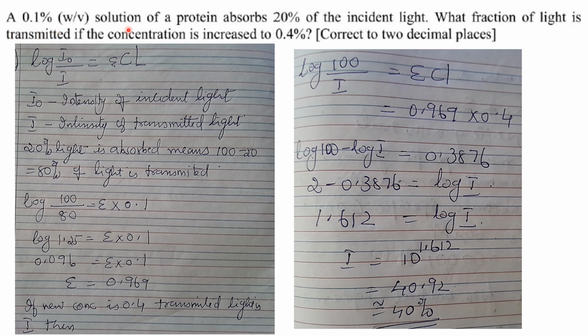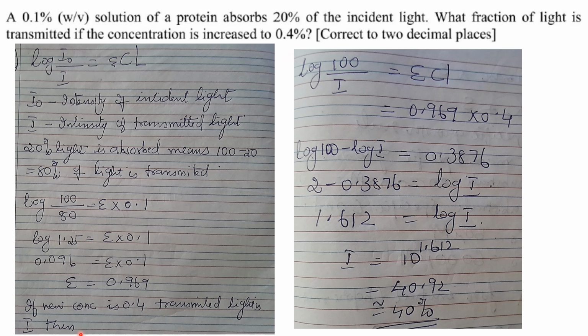A 0.1 weight by volume solution of protein absorbing 20% of incident light is given. So the concentration of protein is 0.1, and the path length is the same, 1 centimeter. From there you will get the value of epsilon, that is 0.969. Now the new concentration is 0.4%.